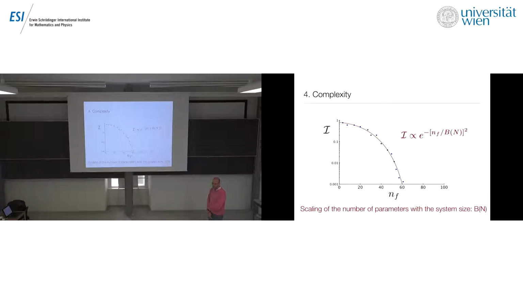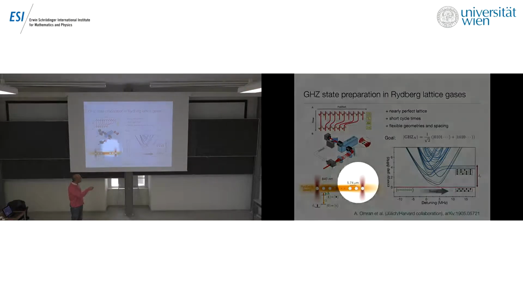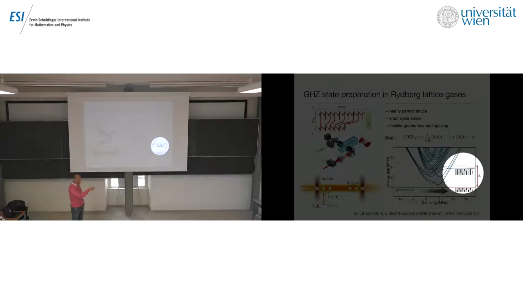And the reason is that if you look at the level scheme of this system, the detuning is a global one, and the system undergoes several transitions between different configurations, and some of the excited states are not the ones that you want, and this one is the ground state after all these transitions.